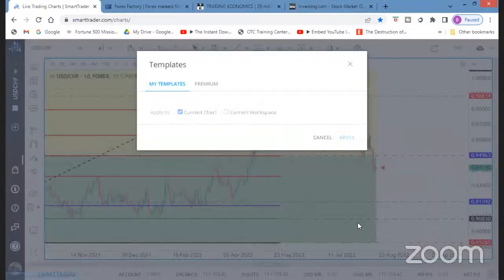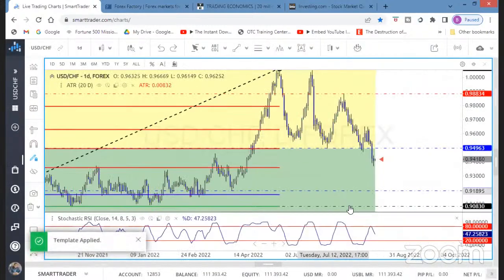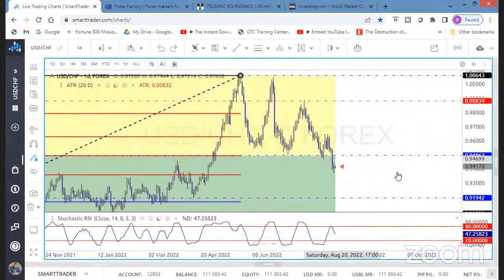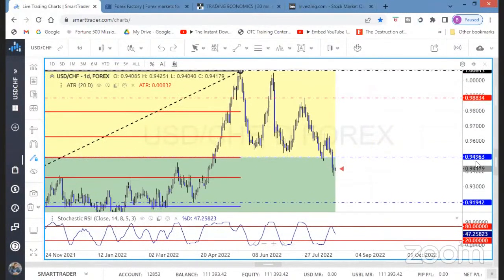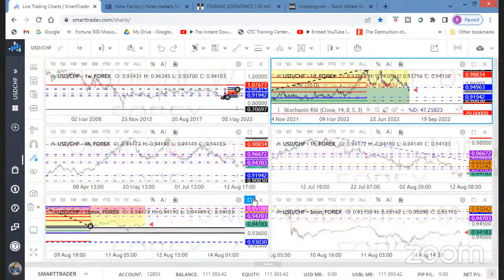So let me check something. Let's see if we've got a momentum. All right. So we got a little dip there. So maybe this is a correction, a retest of 94.96, but don't know if it's ready to pick up and continue long just yet. Not sure, but it might.